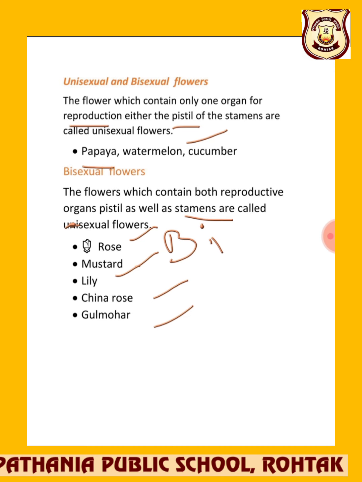So you have to learn the names. In unisexual, papaya is a very good example, and in bisexual, rose is a very good example. Means it contains both the reproductive systems, female also and male also. Okay.